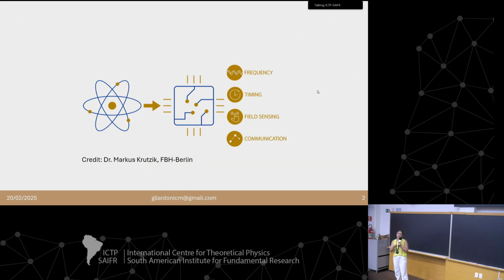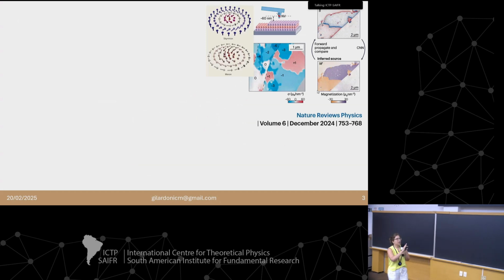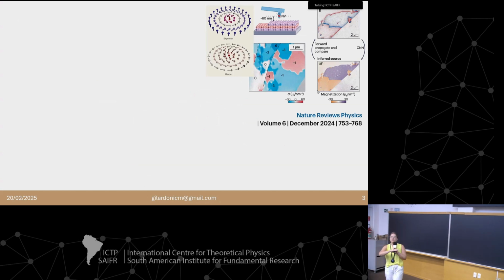And one of the main motivations to go to the solid state is because it's easier to miniaturize solid state platforms. So some of the measurements that you could think of performing, or where could these sensors be useful, of course, in material science and studying solid state physics, they can be extremely powerful tools, right?